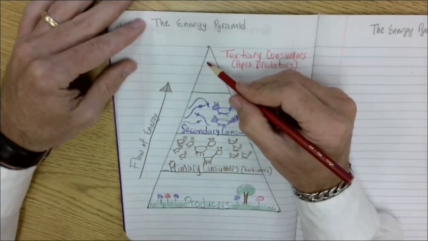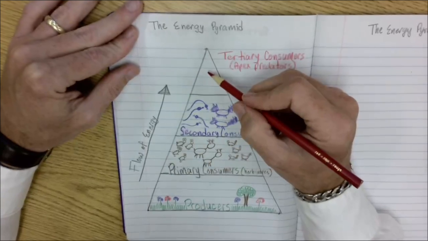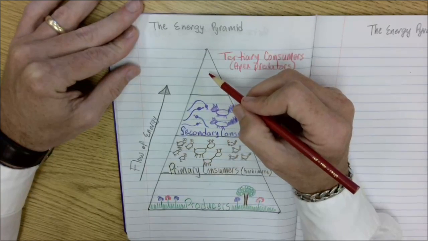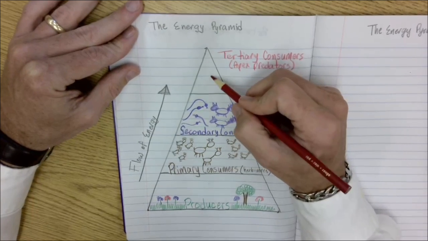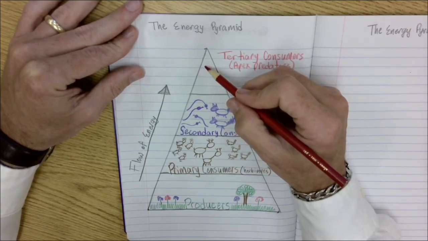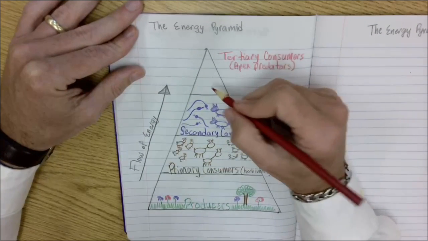Anything with a lot of adaptations for fighting and eating other animals, and things that do not regularly get eaten by other animals. Right, so we're talking the biggest of the big, the baddest of the bad up here.